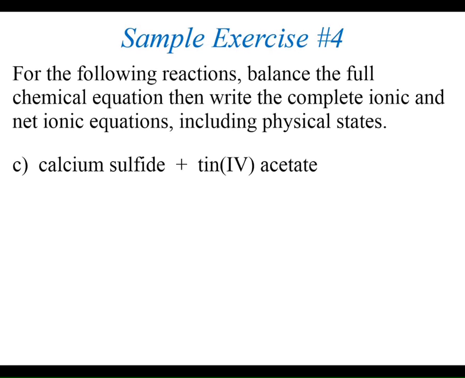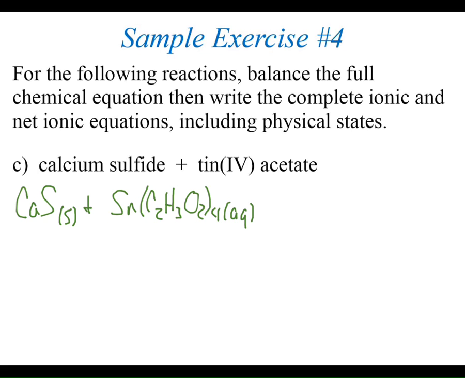So let's see what we got here for calcium sulfide. I'm going to do it kind of quickly. So CaS, solid or aqueous? Solid. Tin-4 acetate, Sn(C2H3O2)4. All acetates are soluble, so aqueous. We're going to swap sulfide with acetate.